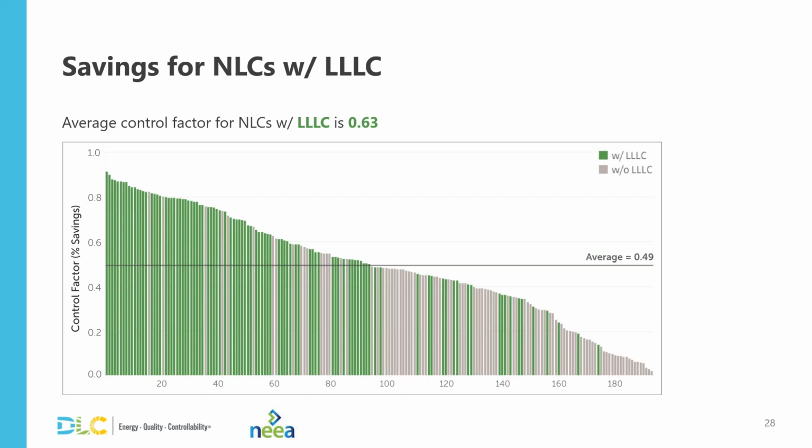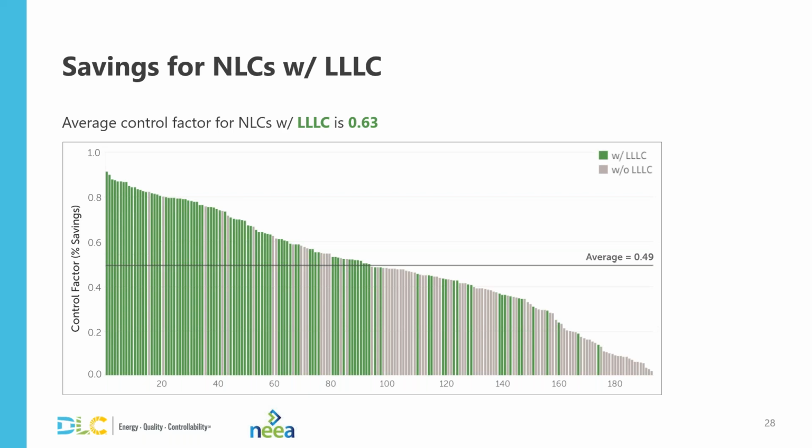And of course, I should caveat these results by pointing out that while we have an overall evenly spread data set between NLCs with and without LLLC, we do not have such an even spread within each building type. And since LLLCs are most prominent in offices, warehouses, and manufacturing building types, the average savings here are inevitably skewed towards those building types.